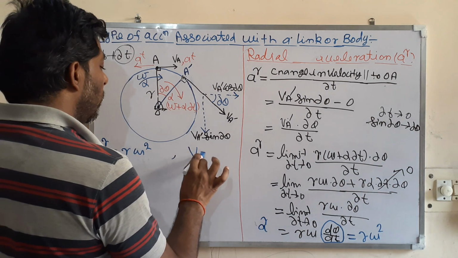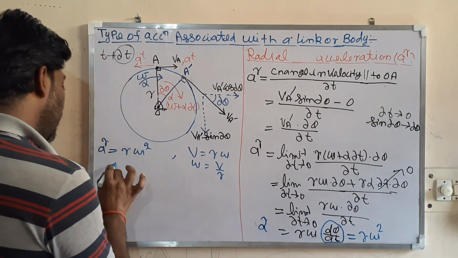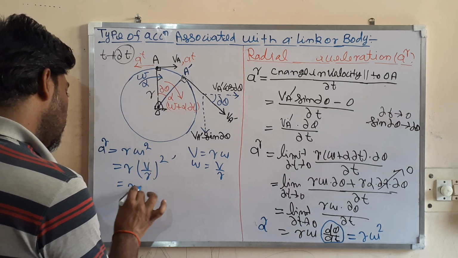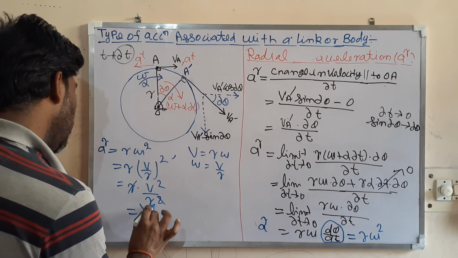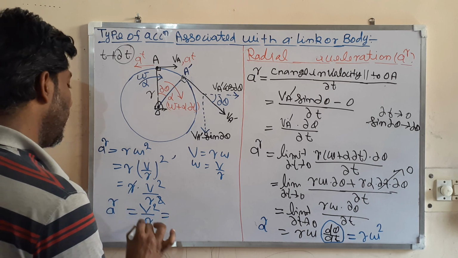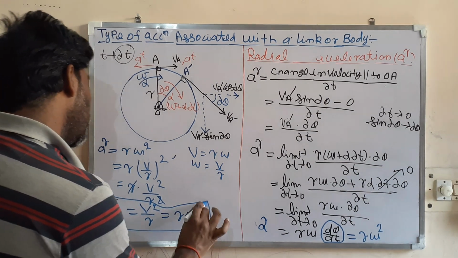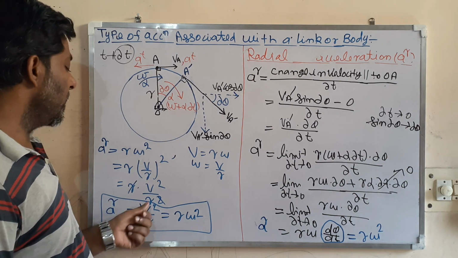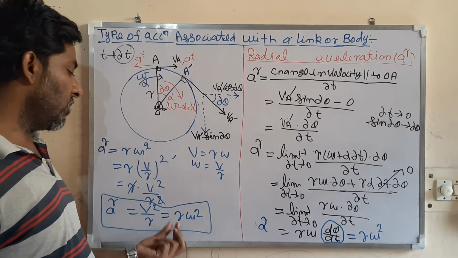And we know that v is equal to R omega, so omega is equal to v divided by R. Putting it here, we get R v square by R square, that is v square divided by R. So the radial acceleration AR is equal to v square by R, which is equal to R omega square.